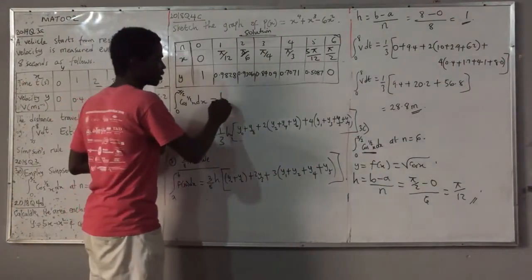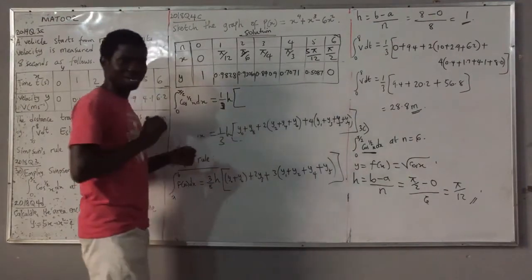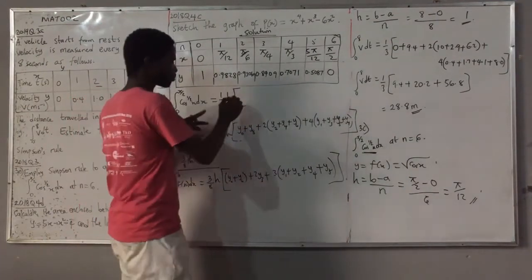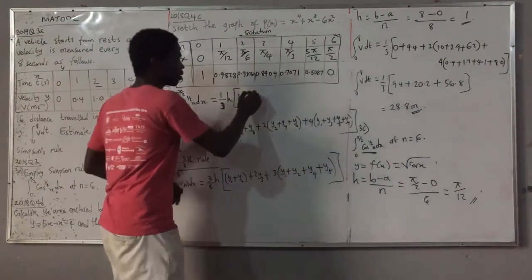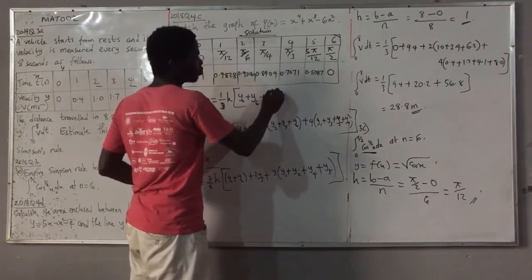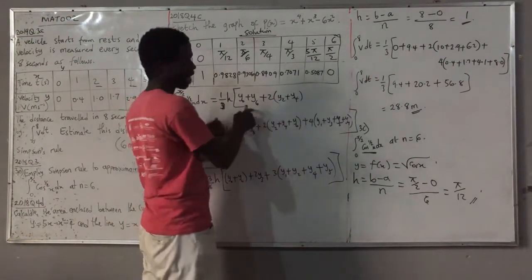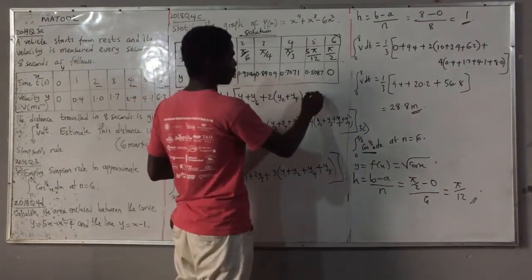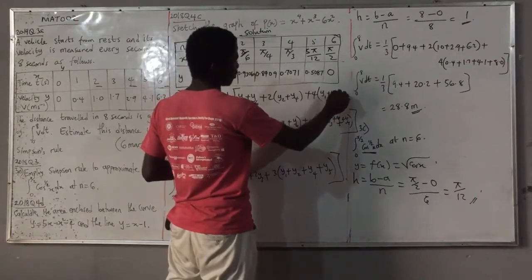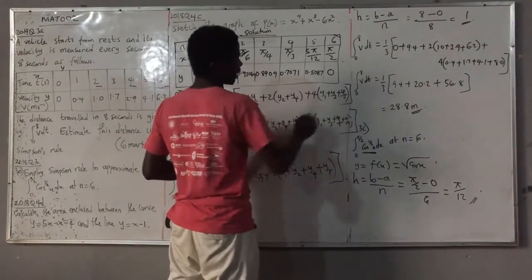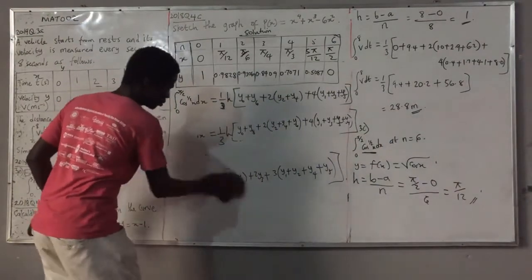It will be 1 over 3h, open bracket, y naught plus y6, plus 2 times the even numbers, y2 plus y4. Don't write y6 again, since y6 is already here. Plus 4 times the odd numbers, y1, y3, y5. That is Simpson's 1/3 rule that they ask you to use.